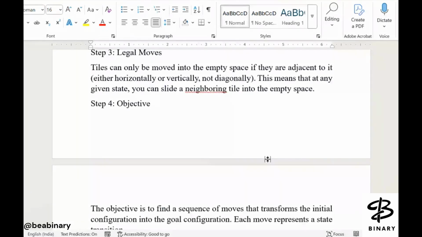A tile can be moved into the empty space if it is adjacent to it, either horizontally or vertically, not diagonally. So first you saw the legal moves: diagonal moves are not possible, but horizontal or vertical are possible. This means that in any given state you can slide a neighboring tile into an empty space, right?